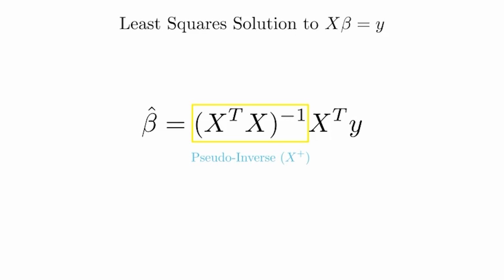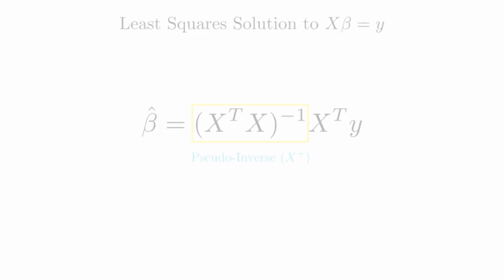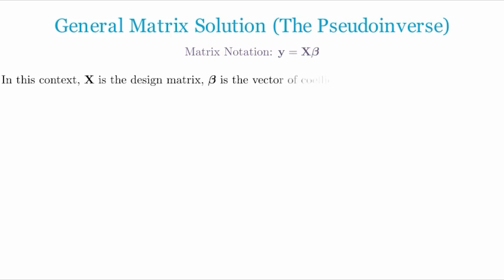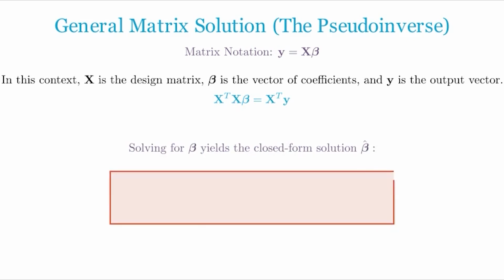This pseudo inverse has a very big role in least squares systems. If I want to solve a least squares problem, we design the problem in such a way that y is equal to x beta. Then we multiply by the transpose and take the inverse. This final solution beta is the least squares solution for this particular problem.